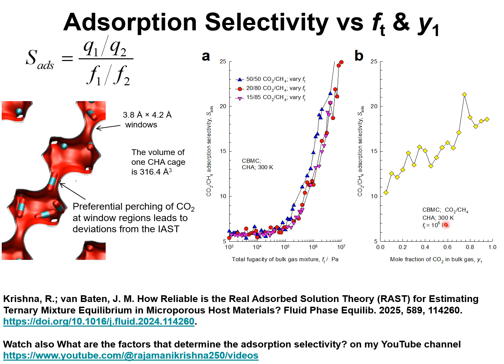A 4th set of simulations were carried out in which the total fugacity was held constant at 1 megapascal, and the composition of the bulk gas phase mixture was varied from 0 to unity, and the adsorption selectivity is shown here to increase with the increased mole fraction of CO2 in the bulk gas phase mixture.